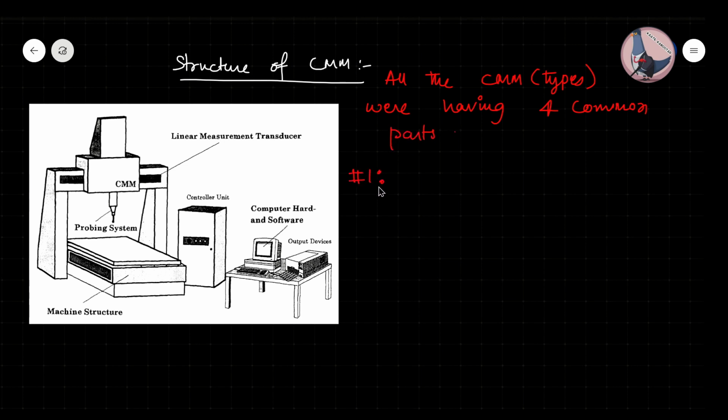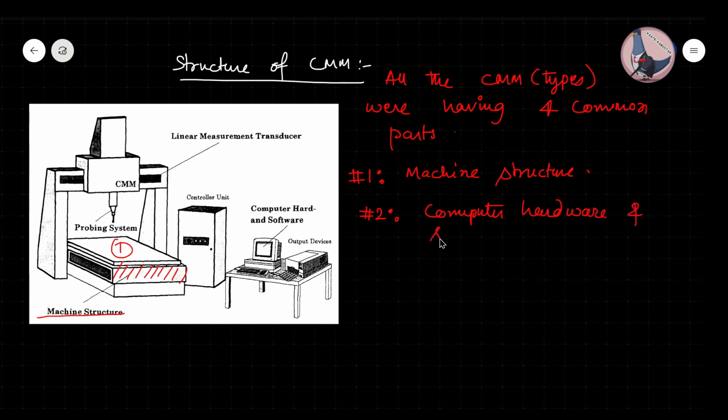Number one was your machine structure. Fine, this is number one. Second one was your computer hardware and software. This computer hardware part, we have already discussed last day, like it deals with the form fitting part and all those things.